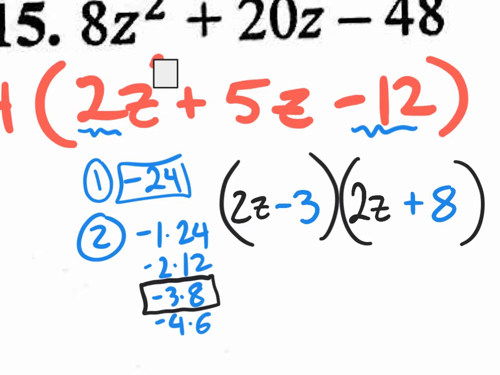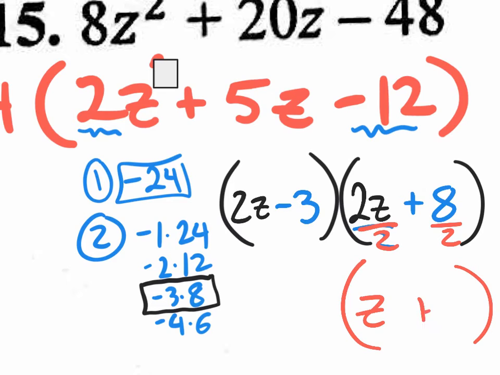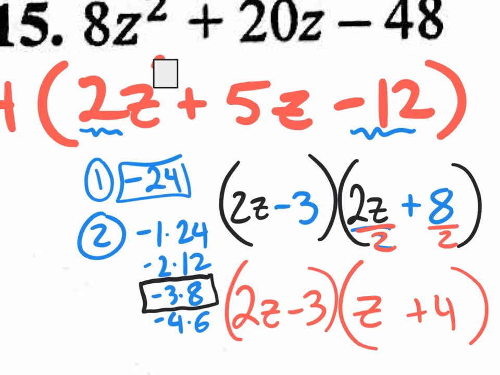The second binomial is the only one that you could reduce by, which would be reduced by 2. Let me do it in red. Reduce by 2, reduce by 2. So the second binomial really becomes z plus 4. That first binomial stays the same, 2z minus 3. And that is your answer for number 15.